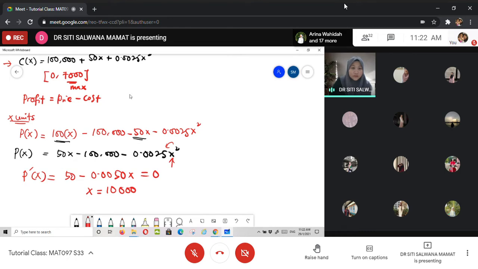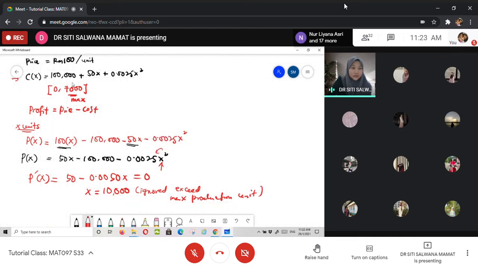Okay, so other than 7,000 unit, kalau you tengok profit punya equation, you akan dapat critical point which is 10,000. Yang ni kita ignore lah, since dia exceed limit, exceed maximum production unit. Boleh kan? So 10,000 ni kita tak consider lah, since dia beyond you punya interval.